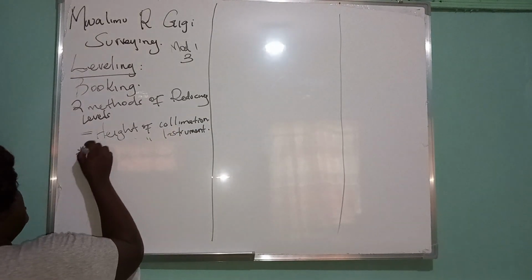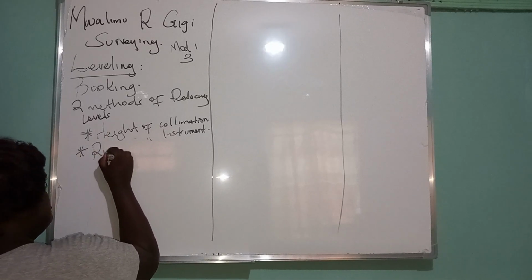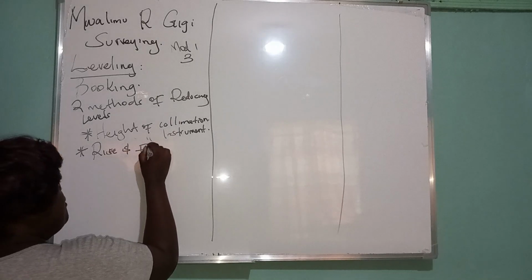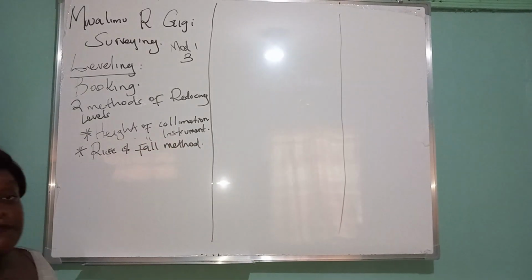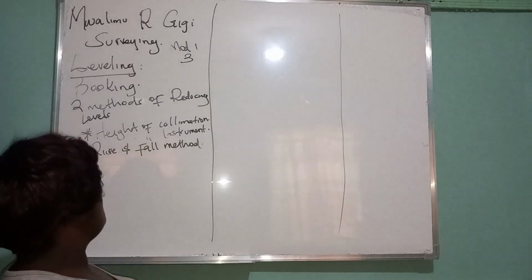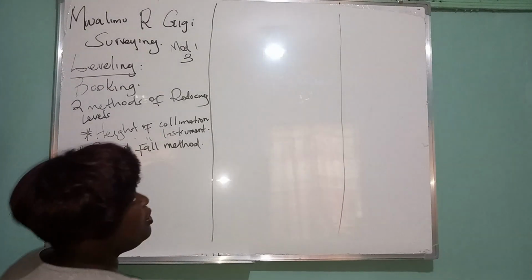And the second method is the rise and fall method.